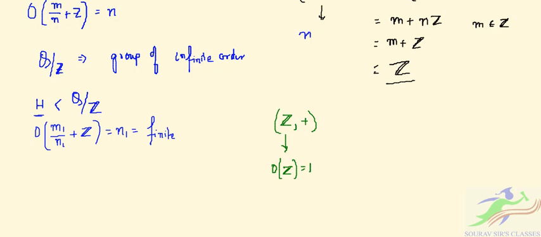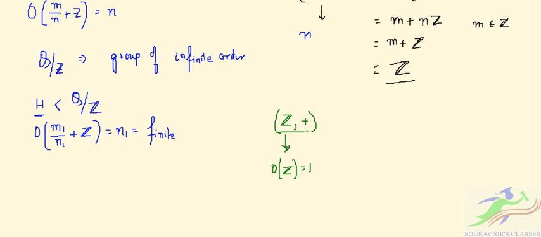So only one element of this group has finite order, and the order of all other elements will be infinite in this group. So we can say that H, the subgroup that I mentioned, is not isomorphic to Z plus. We can write it in a clearer format.